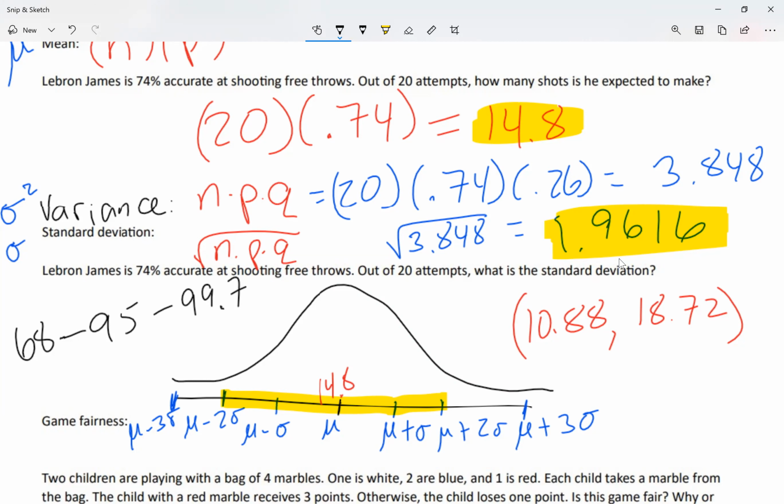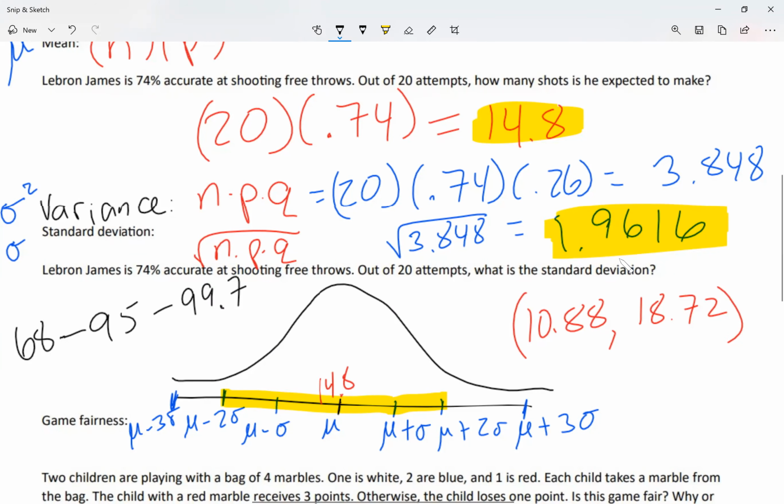If I ask you 95%, then your bracket goes 2 standard deviations each side. If I ask you for 99.7%, then it's mu minus 3 standard deviations and mu plus 3 standard deviations. Just a review of our empirical rule. Okay, cool. That's going to be fun.